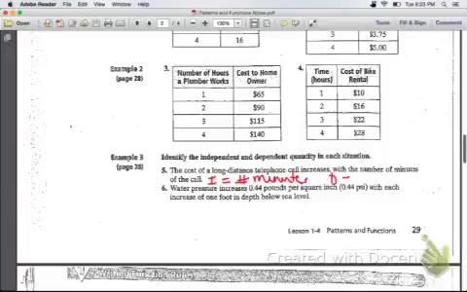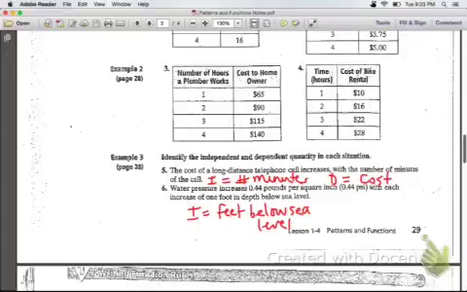Because the dependent is the cost, and it depends on how long you talk. For the water pressure, it increases at 0.44 psi, that's pounds per square inch, with each increase in 1 foot in depth below sea level. So your independent happens to be your measurement of the feet below sea level, and then your dependent is the water pressure.